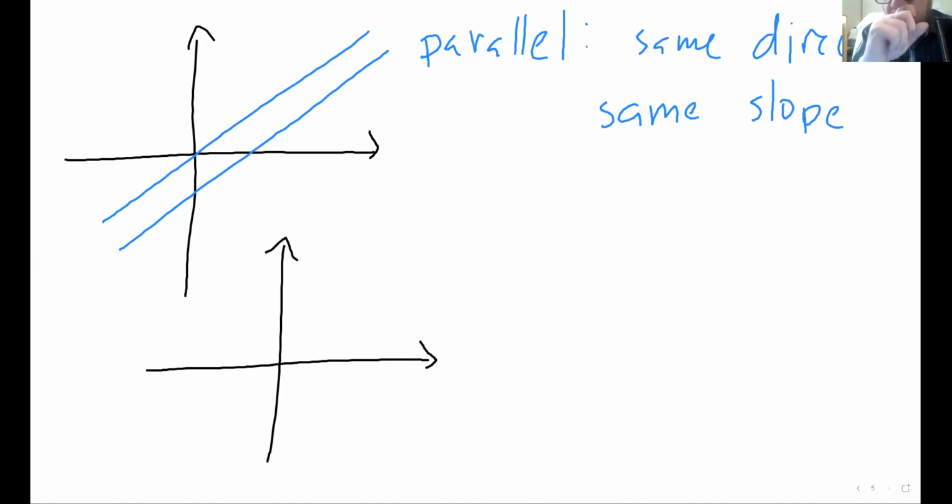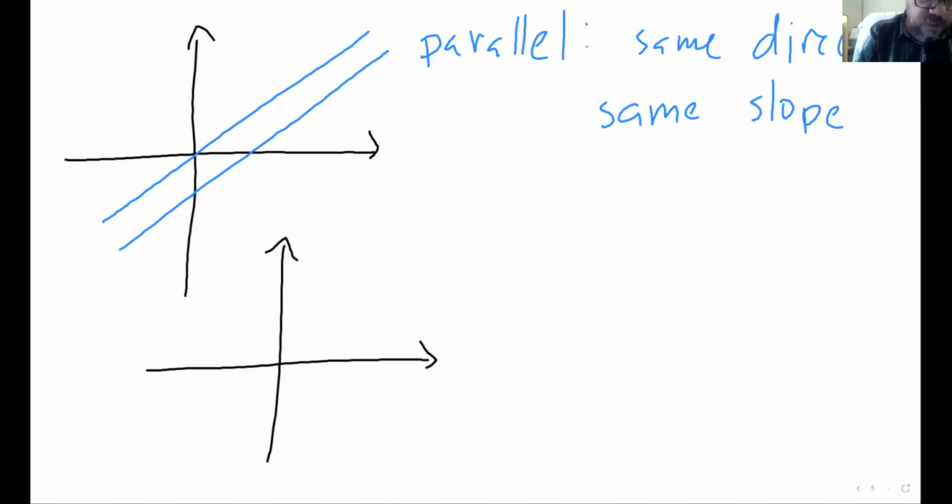Perpendicular lines are ones that meet at a right angle. Now that is not a useful definition for us. Actually, I want to erase those because I want to do something else.